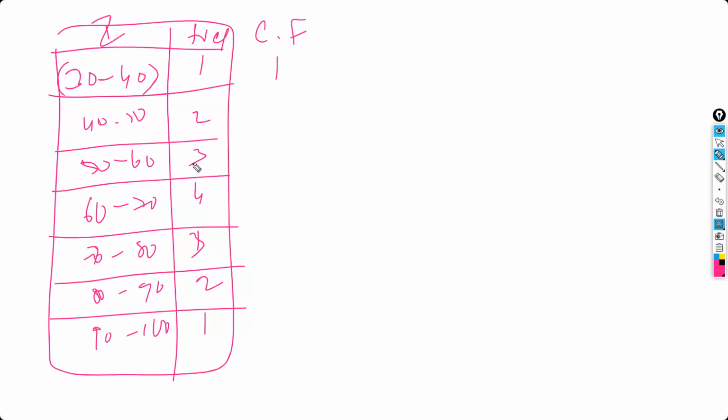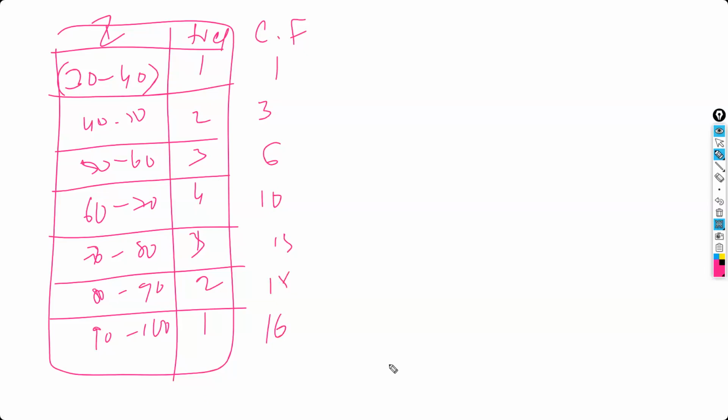Combining the first two frequencies gives 3. Then 30 to 60, how many are there? 6. 30 to 70, 10. 30 to 80, 13. 30 to 90, 15. 30 to 100 is the total, which we get at the end.